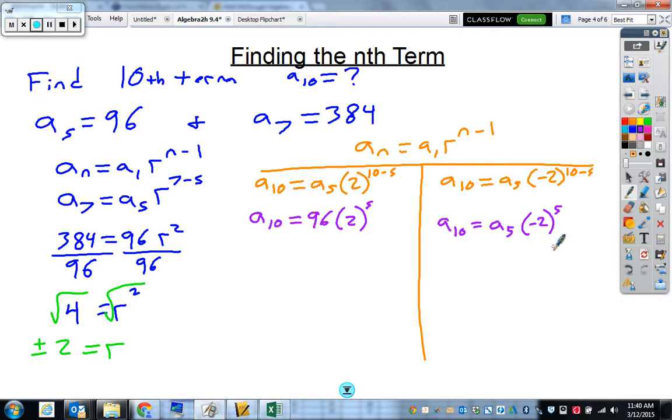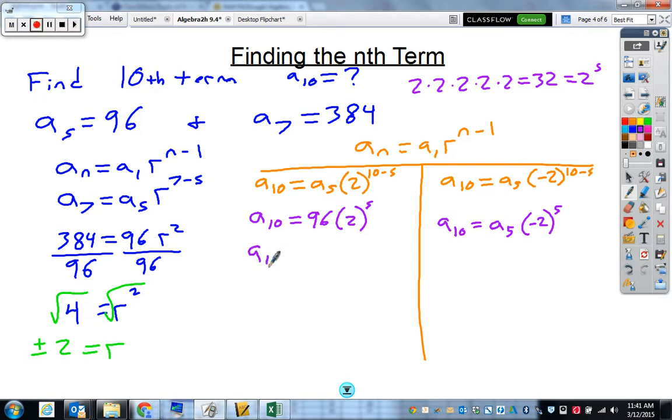Same thing over here. So, find out what my 10th term is. I'm going to say, all right, well, 2 to the 5th power. Well, I know 2 times 2 is 4, times 2 is 8, times 2 is 16, times 2 is 32.